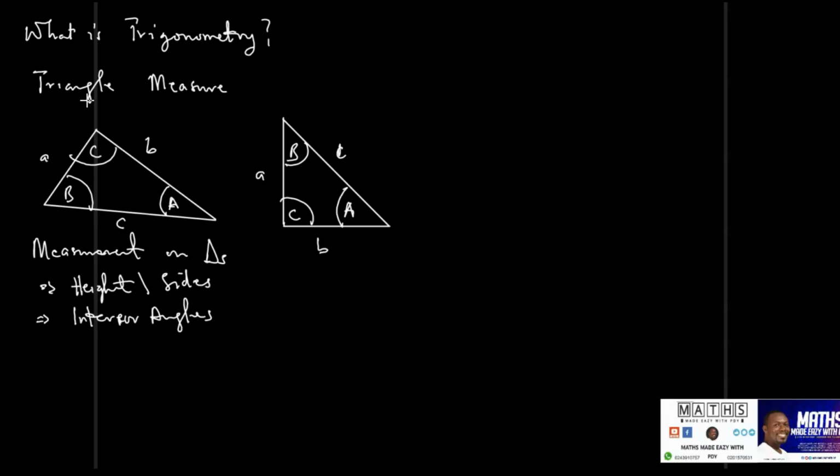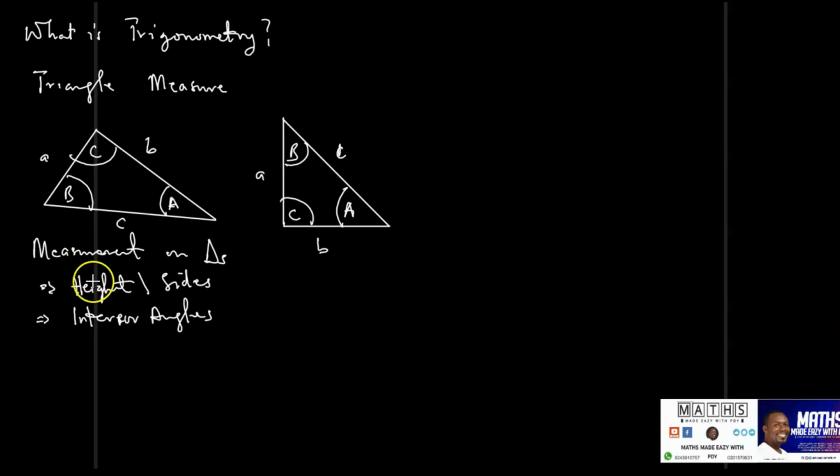So therefore, to begin with, it is not always that to measure you have to use, let's say, the ruler or the protractor to measure the sides and then the interior angles correspondingly.